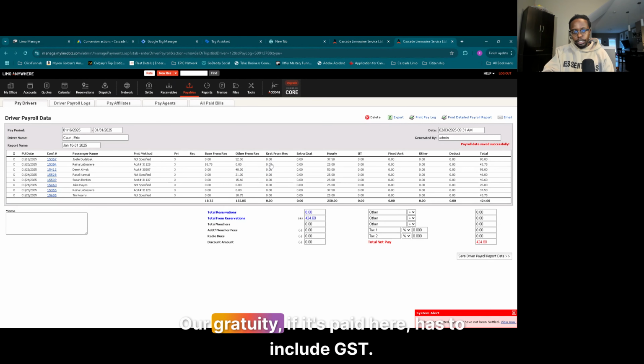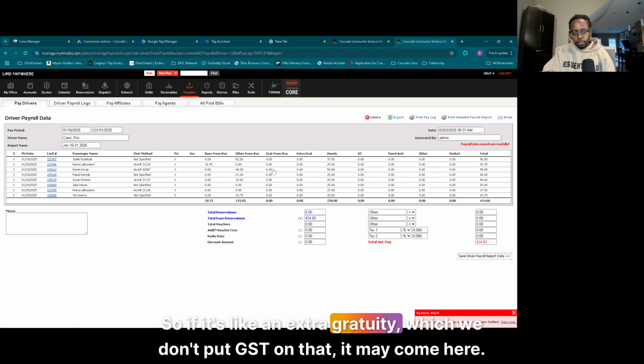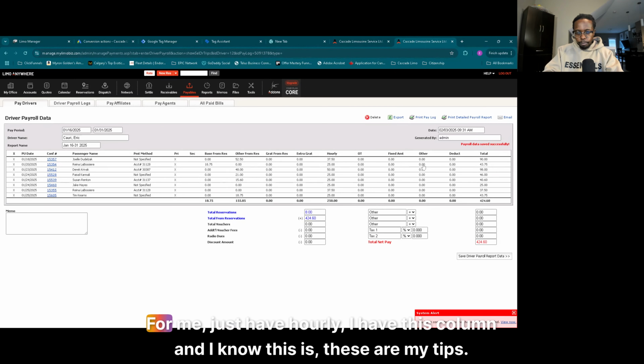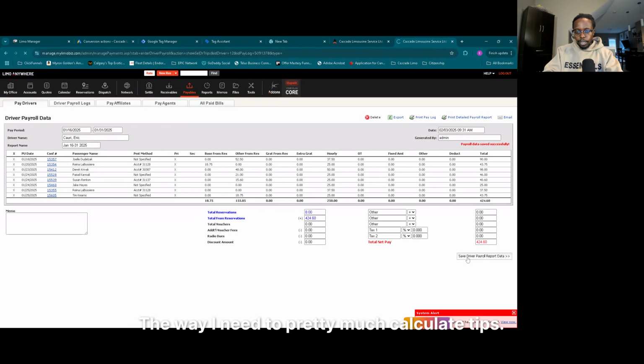Our gratuity, if it's paid here, has to include GST. So if it's like an extra gratuity, which we don't put GST on, it may come here. For me, I just have hourly. I have this column, and I know these are my tips, the way I need to calculate tips.